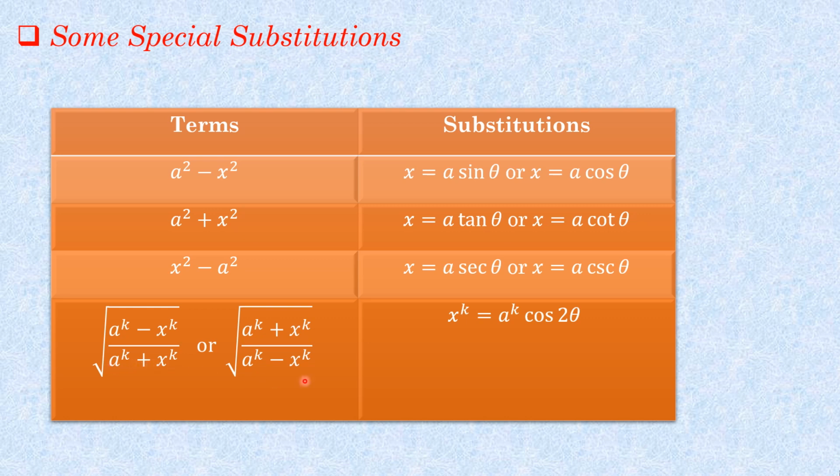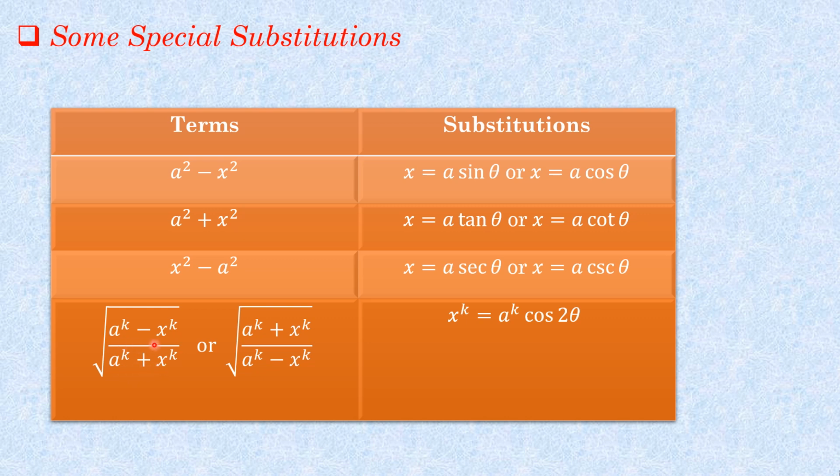In all cases the substitution is taken as x to the power k equal to a to the power k cos 2 theta. Because if you take this a to the power k cos 2 theta in this place, a to the power k will be common, it is 1 minus cos 2 theta, and here a to the power k will be common, 1 plus cos 2 theta, as here also. So a to the power k in the numerator and denominator, after taking common, will cancel out. So only 1 minus cos 2 theta and 1 plus cos 2 theta will remain.